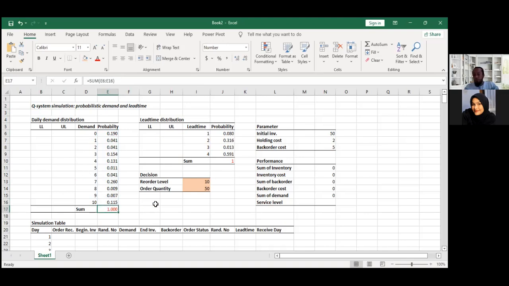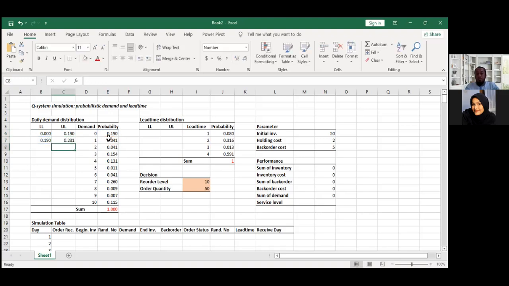Okay, so done. After that, we need to identify the lower limit and upper limit. The lower limit of the first demand will be 0, and the upper limit will be equal to the probability. Then for the second demand, the lower limit equals the previous upper limit, and the next upper limit will be the lower limit plus the probability.